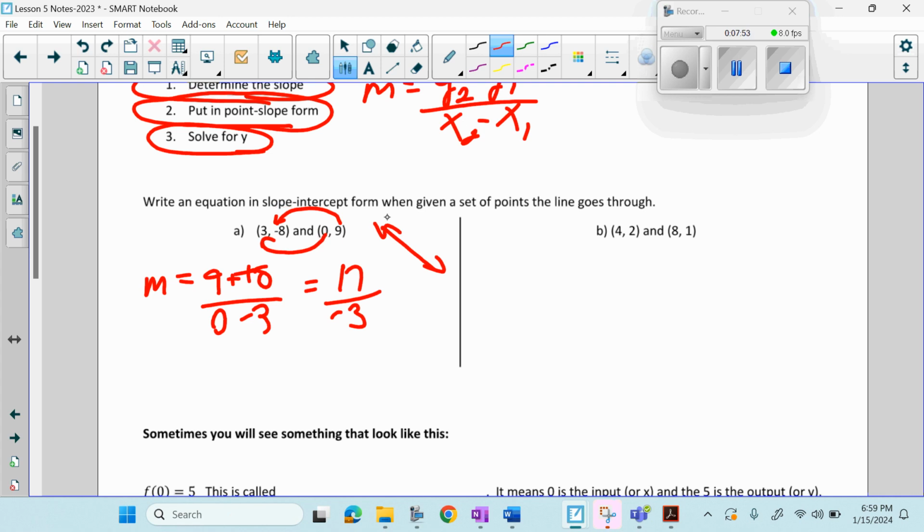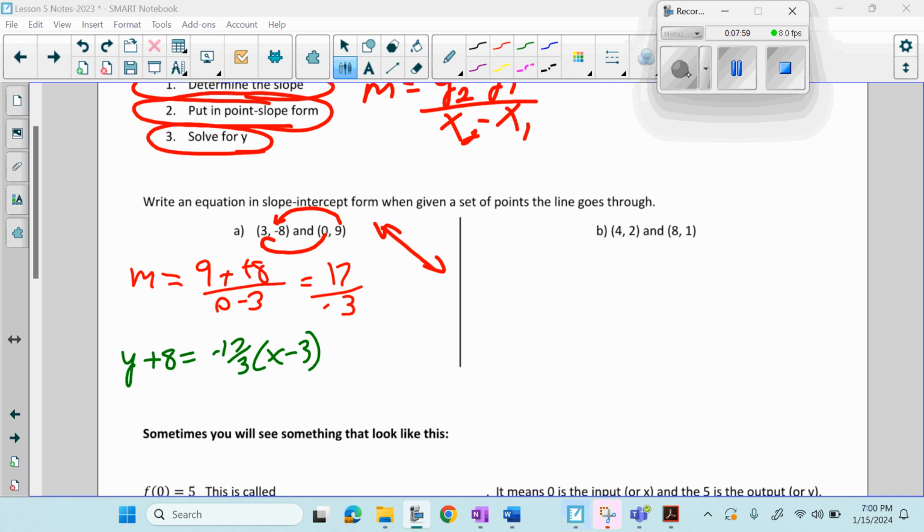Okay, so from here, what we're going to do is just put it into point slope form. And I'm just going to use that first one. So this one right here, I'm going to do the opposite of the y, so y plus 8, and then my slope, and then the opposite of the x, minus 3. And then my first step, just like we did a while ago, I'm going to distribute this -17/3.